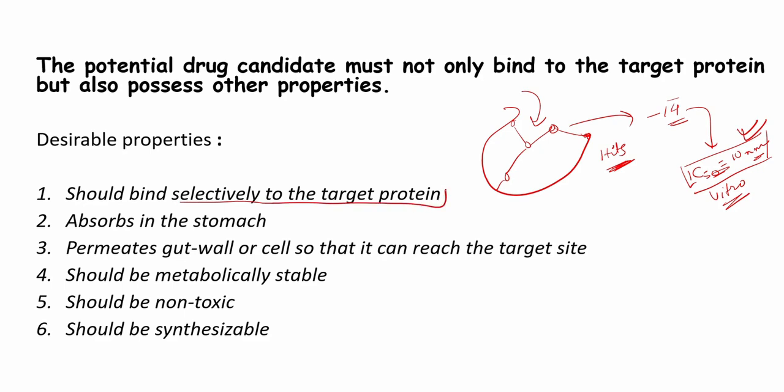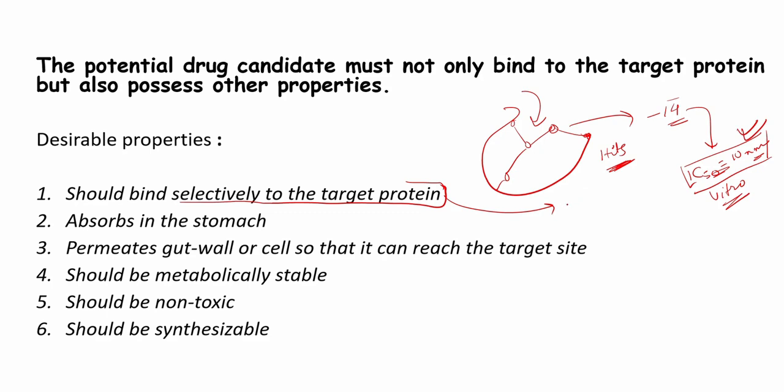It should be able to absorb in your stomach, right? And it should be able to permeate the gut walls or cells so that it can reach the target sites, and it should be metabolically stable.